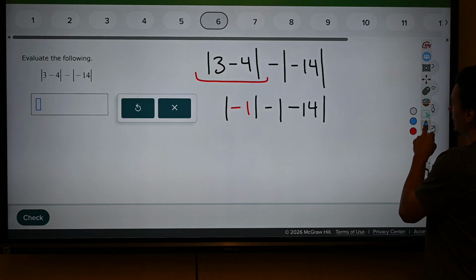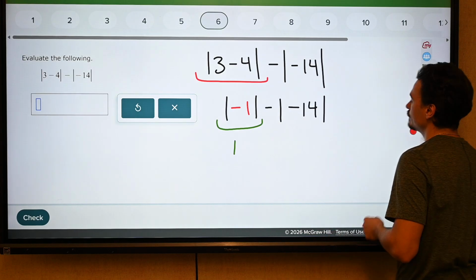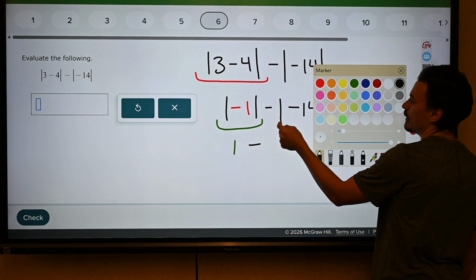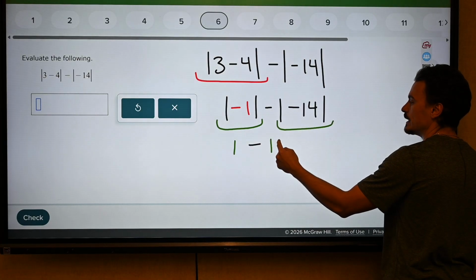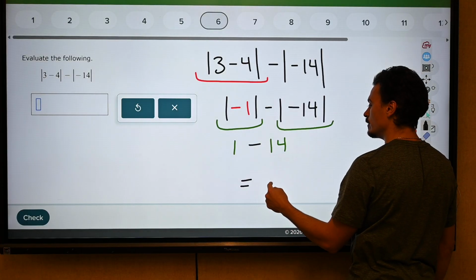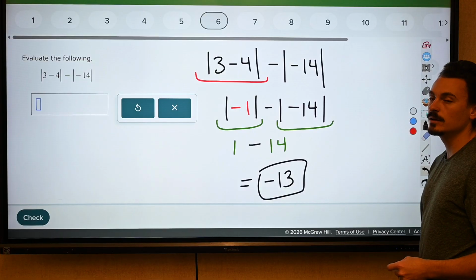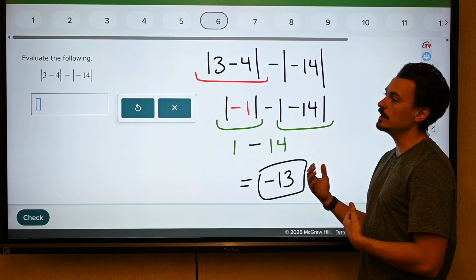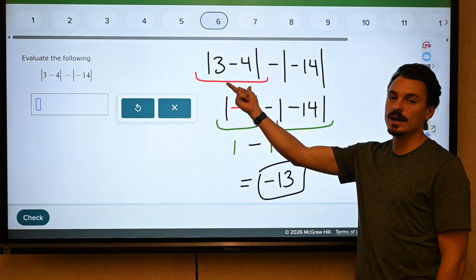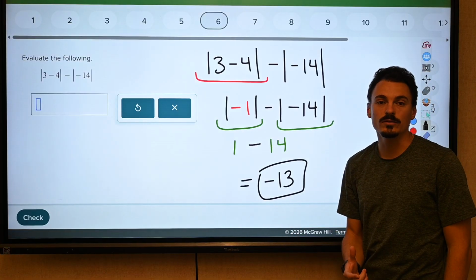Then we take the absolute value of -1, which is 1, minus the absolute value of -14, which is 14. And 1 minus 14 is equal to -13. So what did we do? We looked inside the absolute values, evaluated what's on the inside in red, and then we took the absolute values in green, and then we solved.